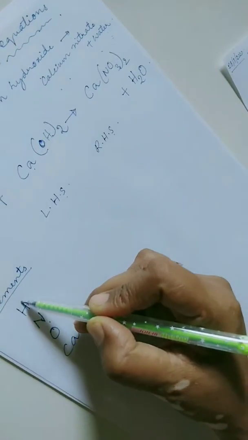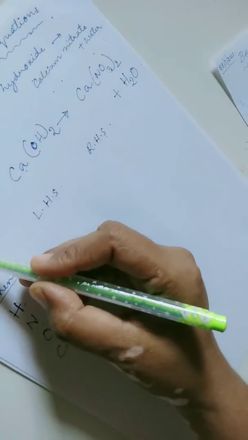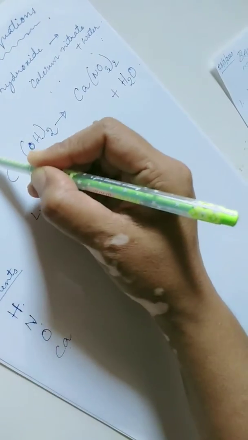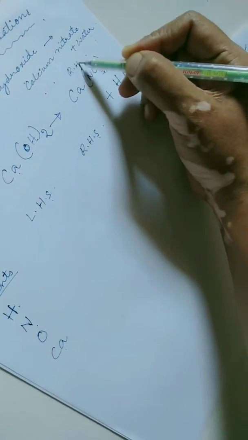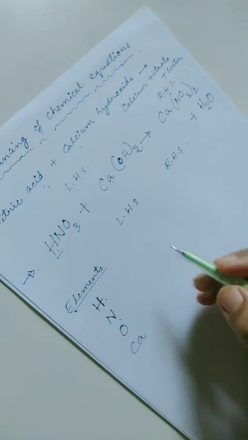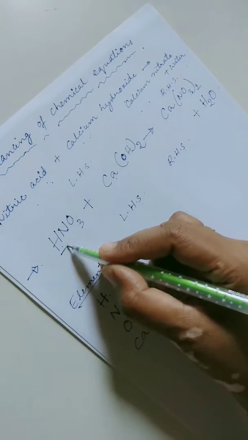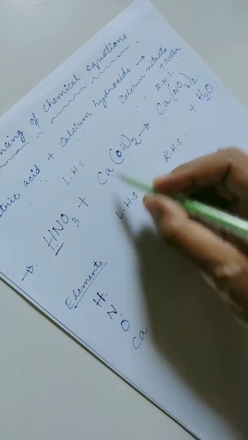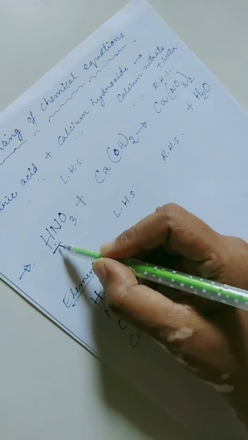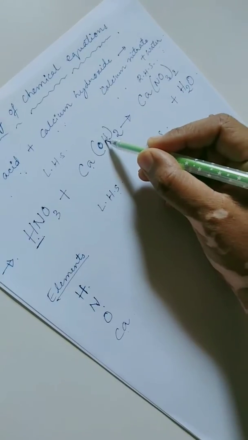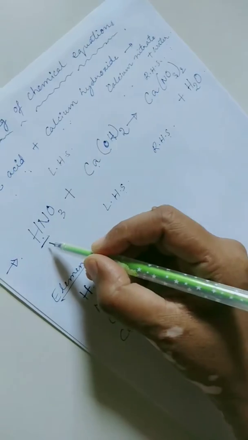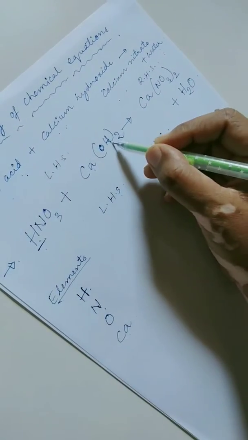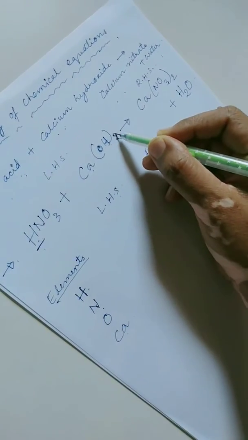Now let us see how many atoms do we have of hydrogen on LHS. This is LHS and this is RHS. Now hydrogens, how many hydrogens do you see here? Is it 1? No, it's not 1. Here also we have hydrogens. Here we have got 1 hydrogen and here the subscript is 2.